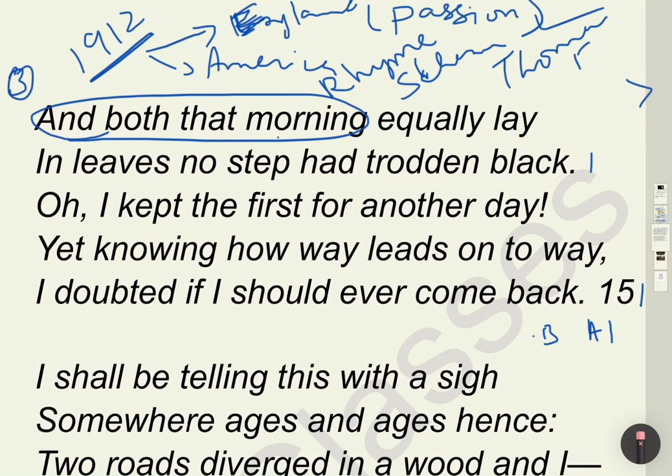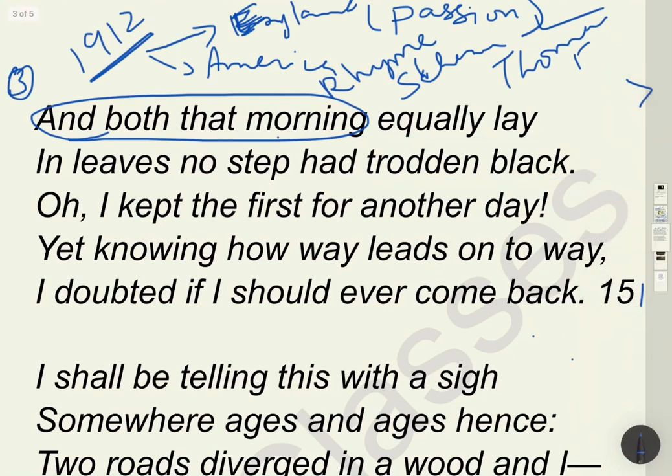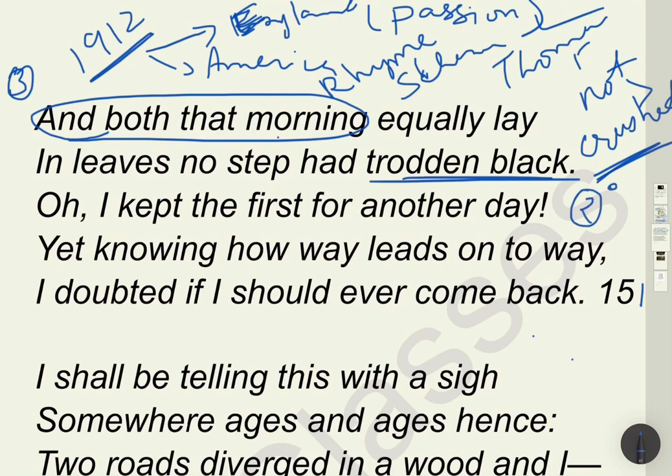It means that many of the people have still not walked on that road, and that's why the leaves are not crushed. So he wants to say that after making the choice of the second road, he felt that road 1 was also equally quite adventurous.